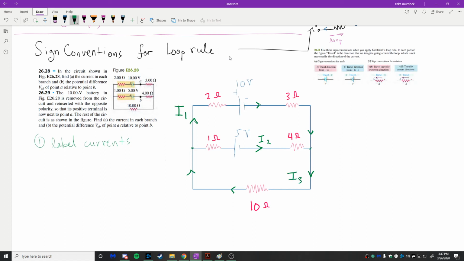So I3 goes from here down to here, and then this way, and then I1 goes from here up to here, down to here, and then I2 is just in the middle branch of the circuit. Our goal here is to calculate what those currents are. So the next step is to apply Kirchhoff's rules. The first thing we're going to do is the junction rule.